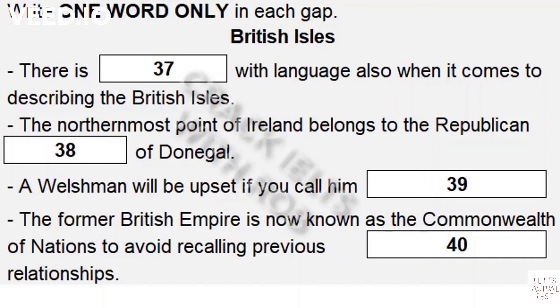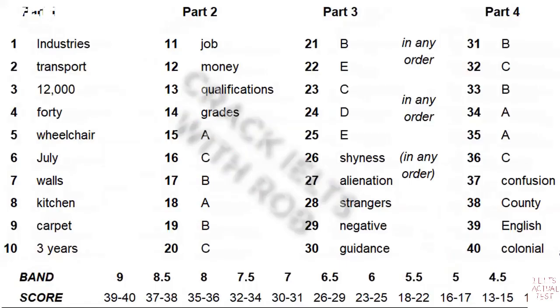It's a voluntary association of independent states, many of which were former British colonies. In fact, what was primarily the old British Empire. However, it's no longer known as the British Commonwealth, but is now called the Commonwealth of Nations instead, presumably because current members do not want to remember the old colonial ties.